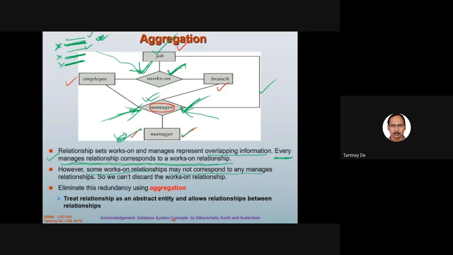That means there is some redundancy, is it? No, we can't eliminate work on, and also we can't eliminate manages. So how do we eliminate this redundancy? By the concept of aggregation. In aggregation, we treat the relationship as an abstract entity, allowing relationships between relationships.